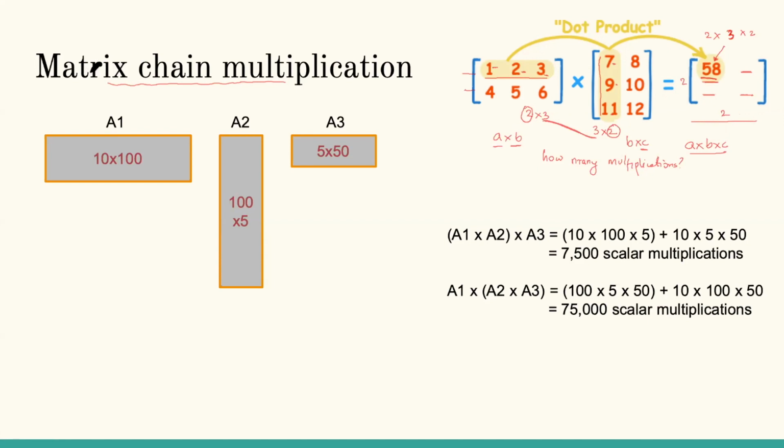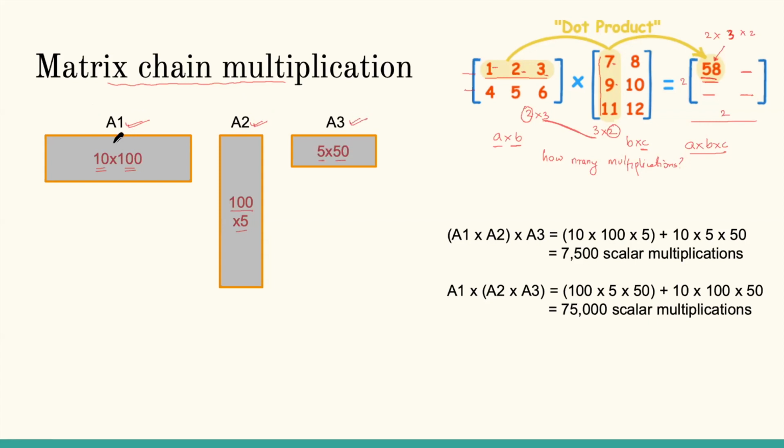In AI and in data science and for solving many algorithm and mathematical problems, we often have to multiply matrices. As an example, say we have a matrix of dimension 10 by 100, which we call A1. Say we have another matrix A2 of dimensions 100 by 5, and another matrix A3 of dimensions 5 by 50.